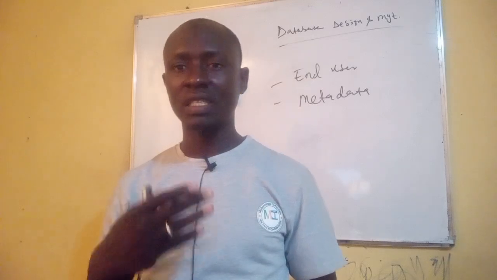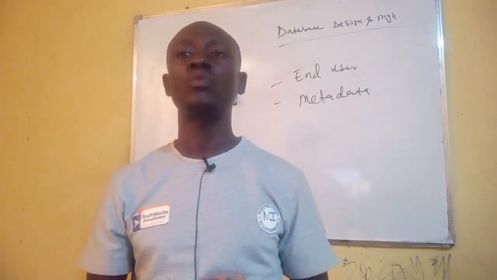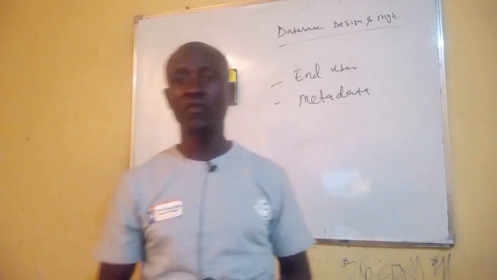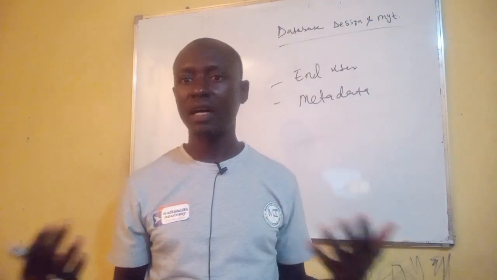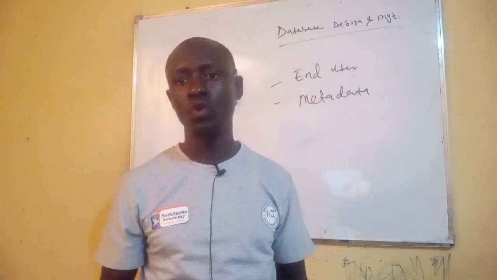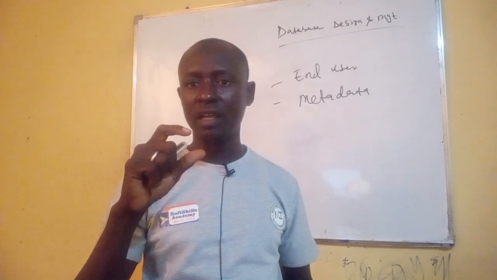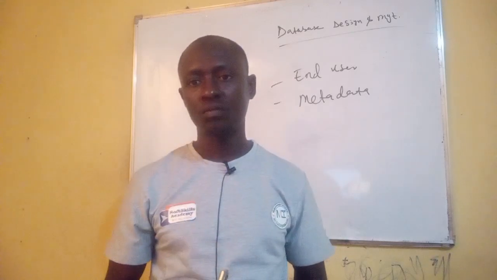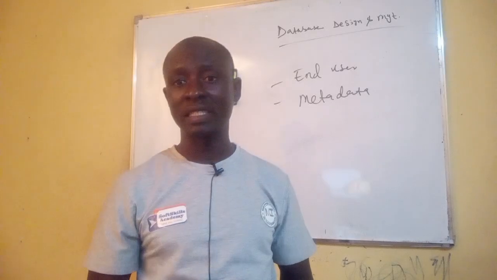When we talk about the data about a given data from the end user, for instance, the employee information, we know it entails maybe staff number, staff first name, surname, and what have you. So when we talk about the metadata, how do you go about achieving this staff number? What type of data do you define at the time of design?